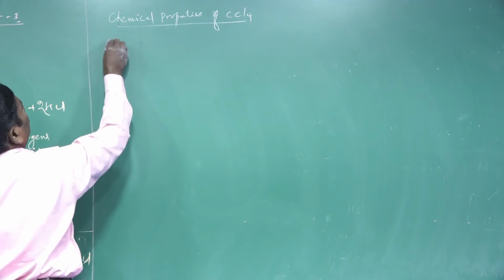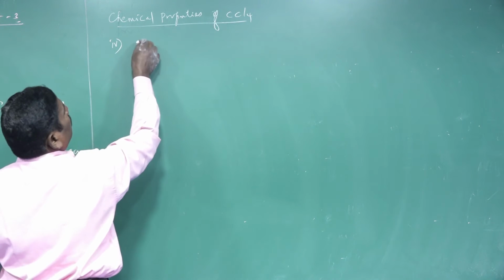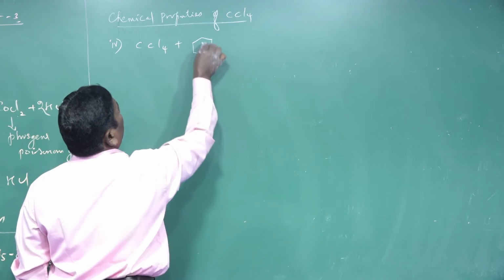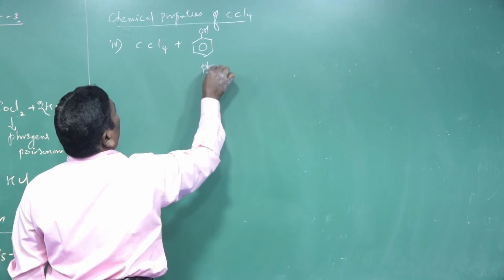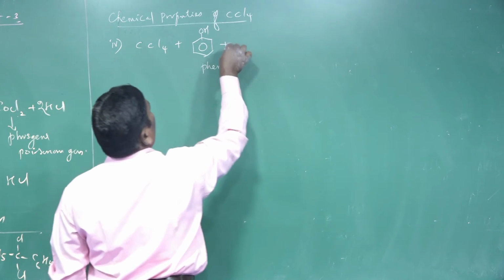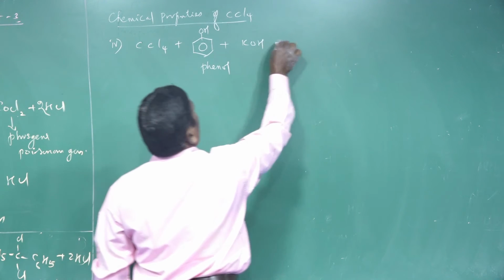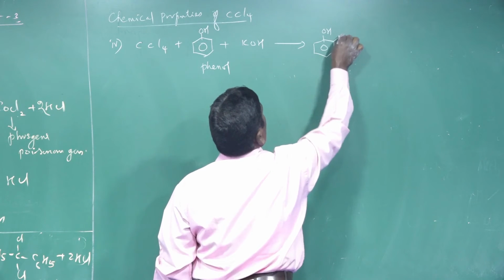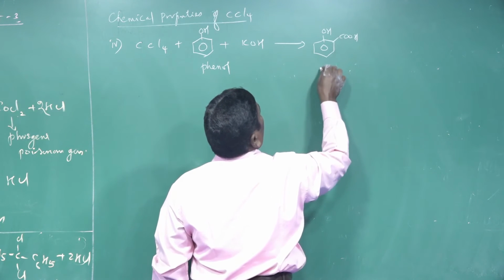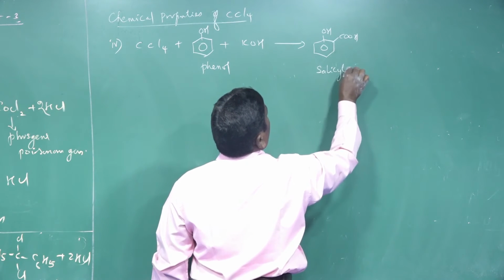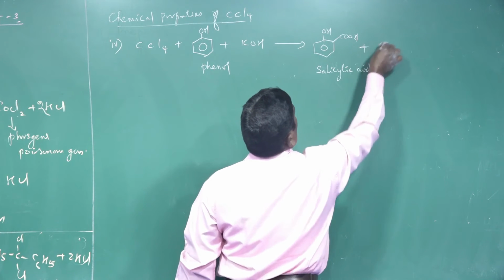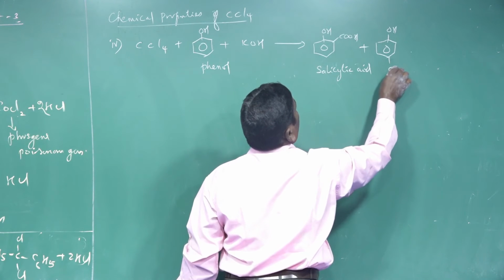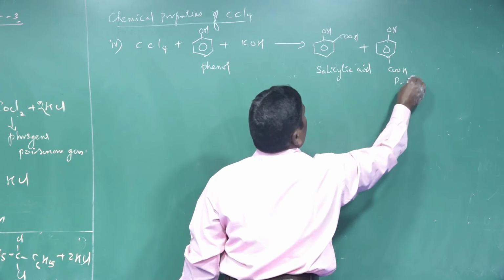In the 4th method, here CCl4 plus phenol, you know that it is phenol, then plus KOH. The product which is formed is salicylic acid, plus the isomer, para-salicylic acid.